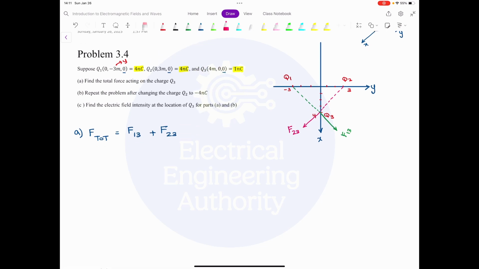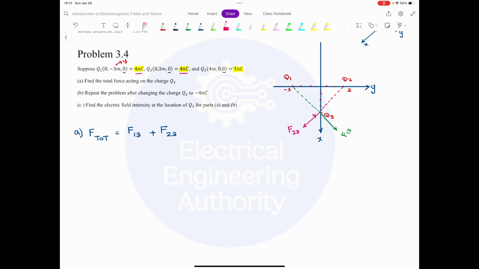One thing you can notice is that Q1 and Q2 both have the same charge, right? And they both have the same distance from Q3, right? Q2 is at 3 ay, Q1 is at -3y, right? So this means that the force that they are exerting on Q3 has the same value, only in different directions, right?